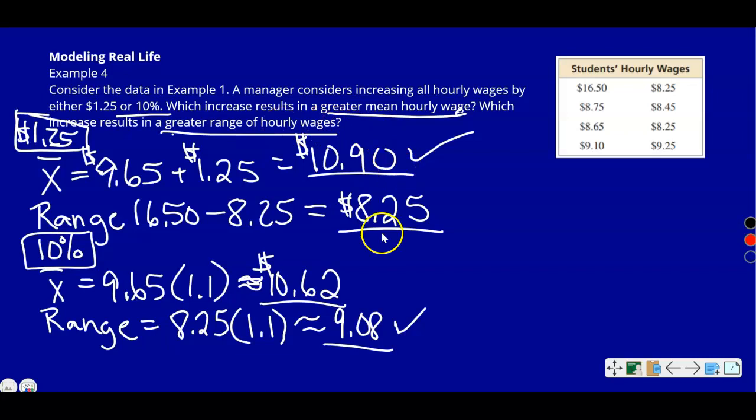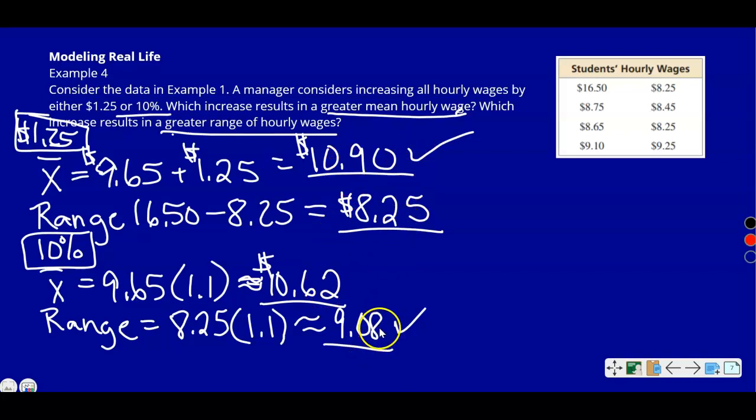So you can see that depending on whether you're looking at the average or the range will depend on which way you want to go with that raise. So I guess whoever's giving the raises will have to determine whether they're going to look at the mean or the range. I would think you would want the mean to go up. That would be more important than the range.